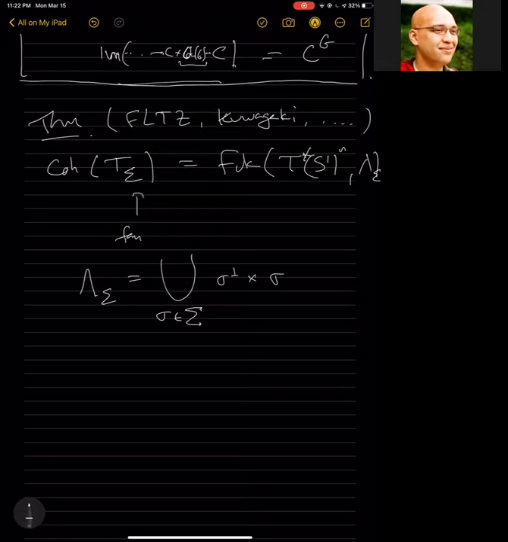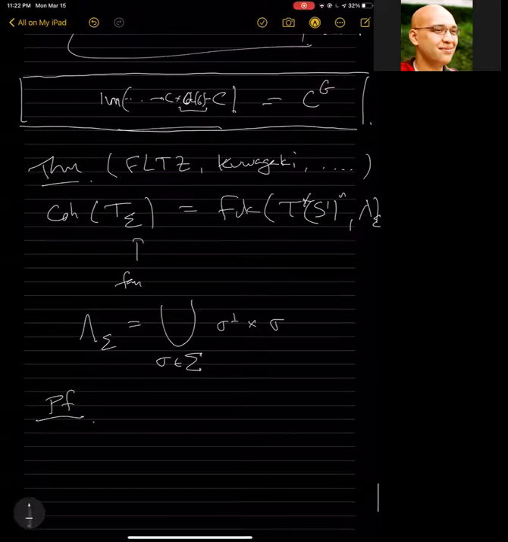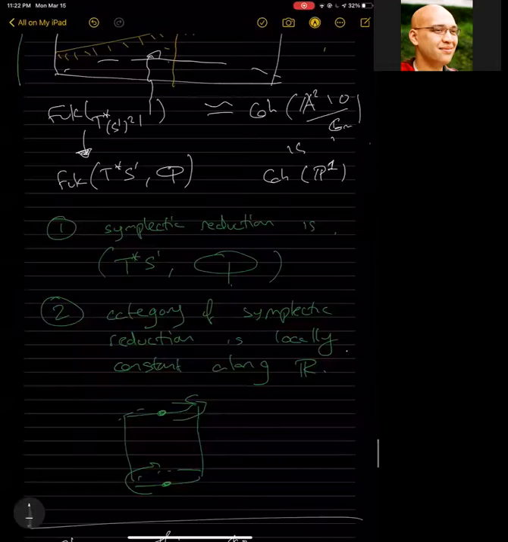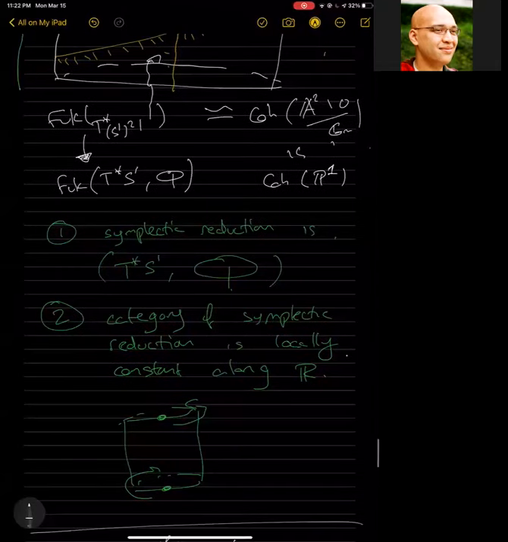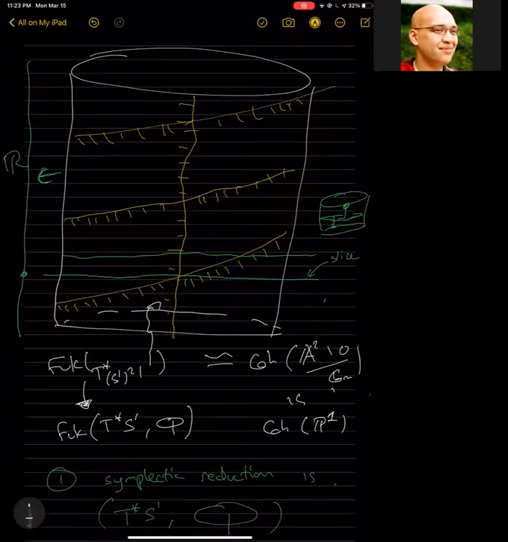Let me say one word about the proof of this theorem along the lines that I said so far, which is I want to explain how it is you get this local constancy.